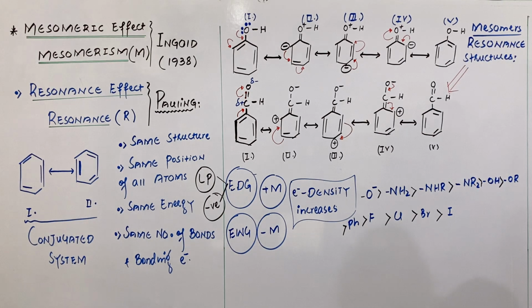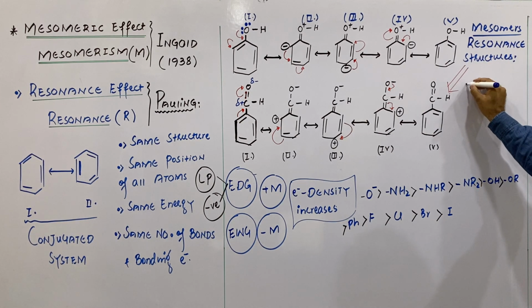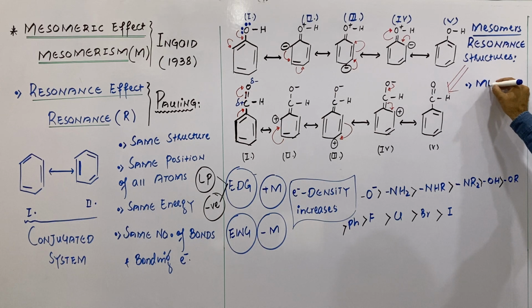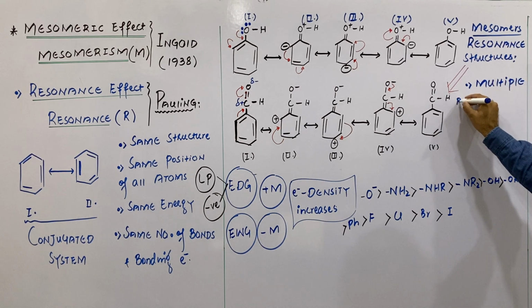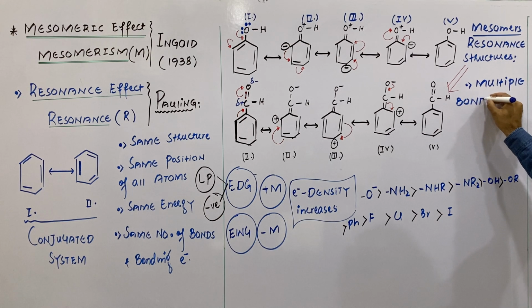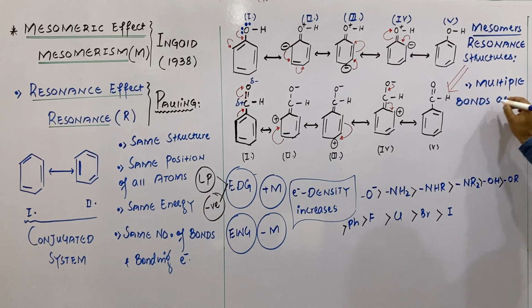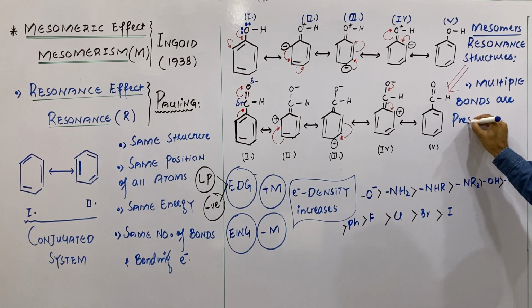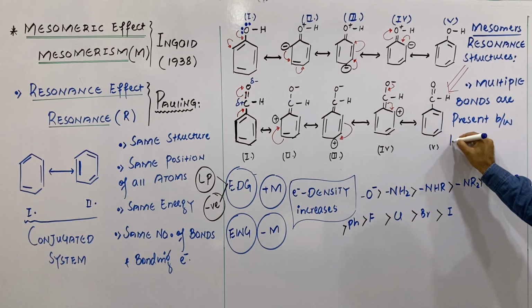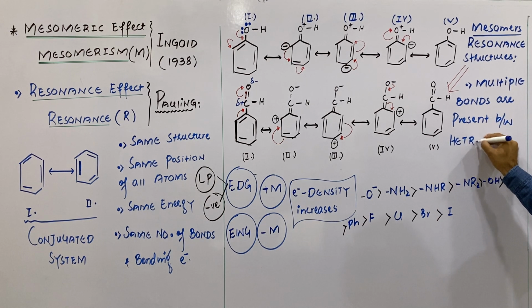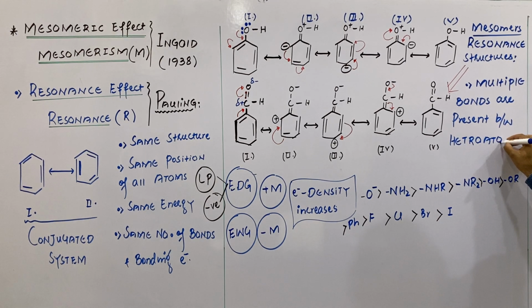Now, the negative M groups are all those groups in which multiple bonds are present between heteroatoms.